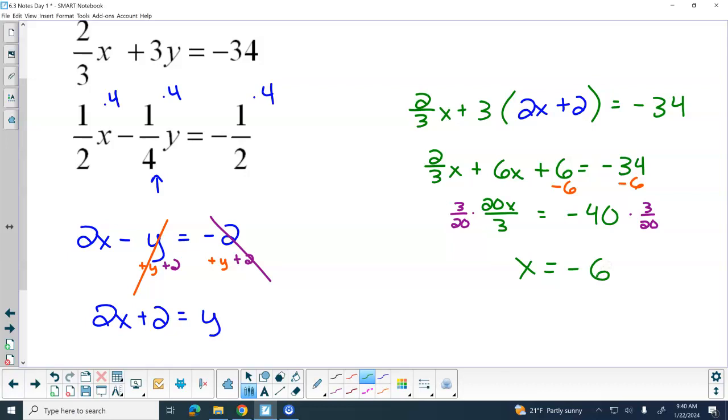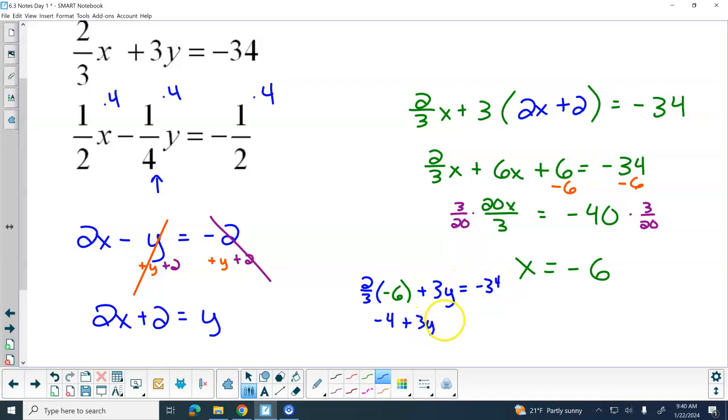If I plug in x equals negative 6 back into that first one, 2/3 times negative 6 is negative 4, plus 3y equals negative 34.